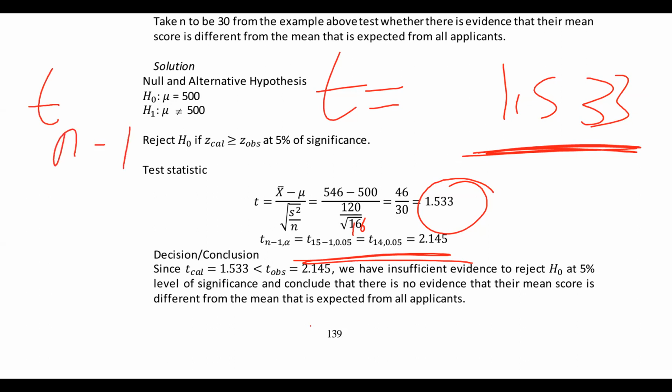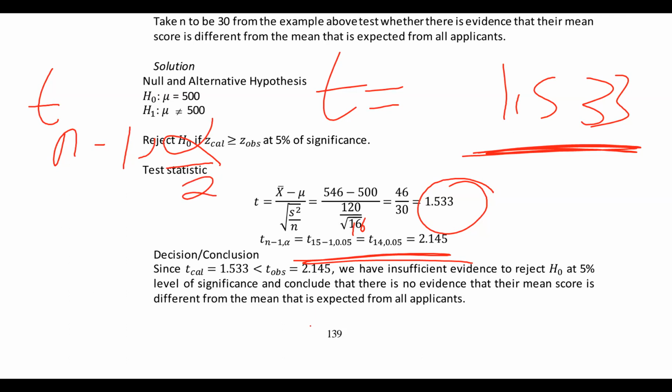This one we call the degree of freedom, comma, alpha, our significance level. If it is double-tailed, of course, it will be alpha over 2. If it is single-tailed, it will be just alpha.